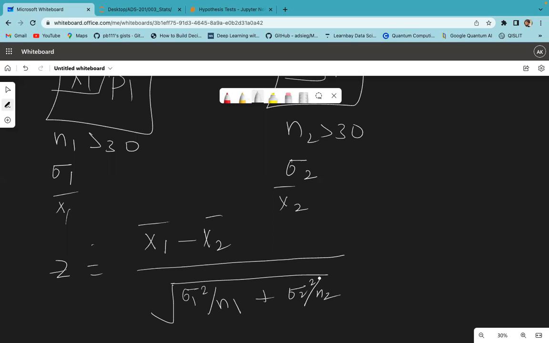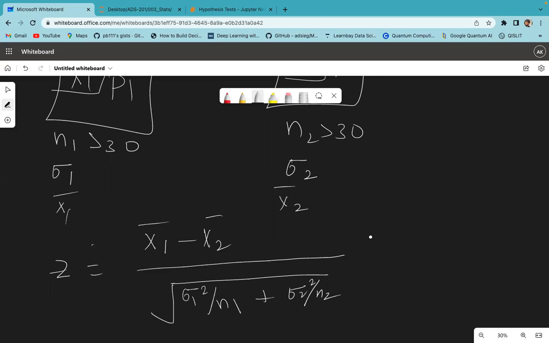This is the formula for the two sample Z test.